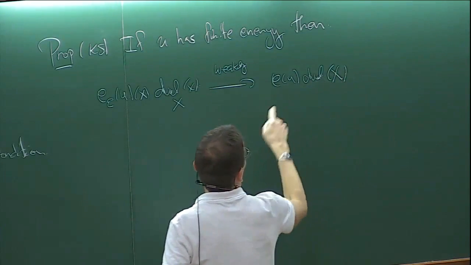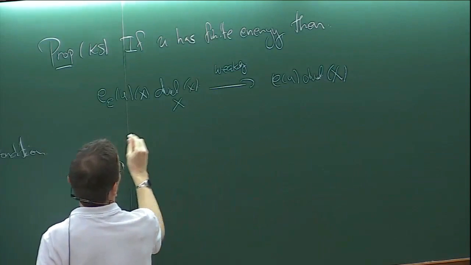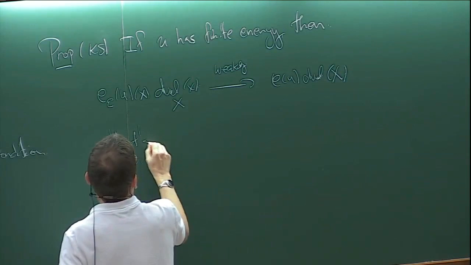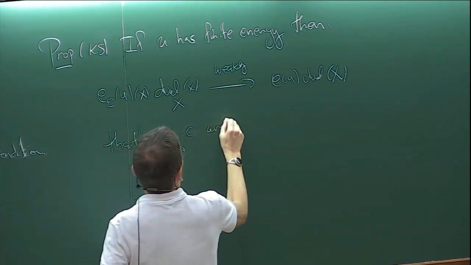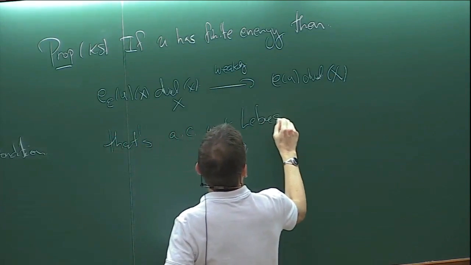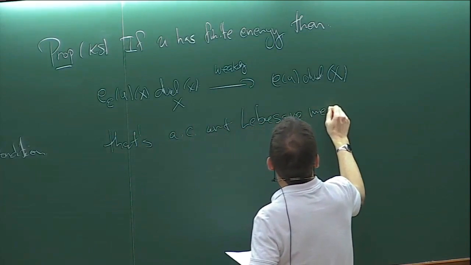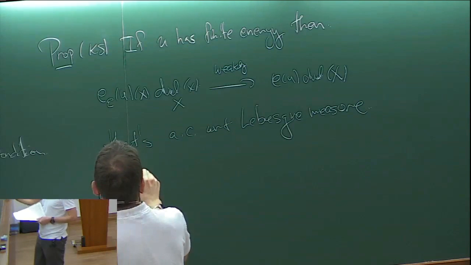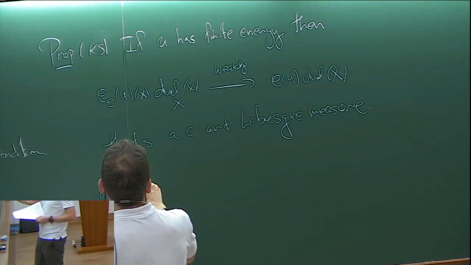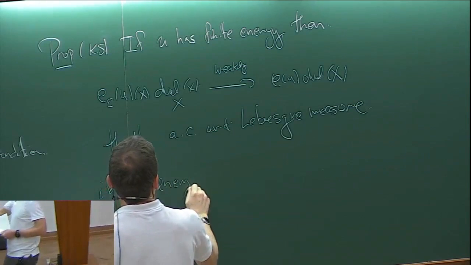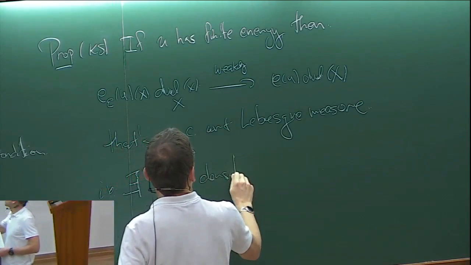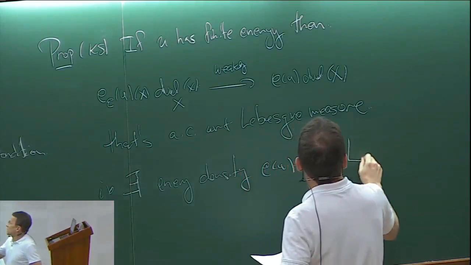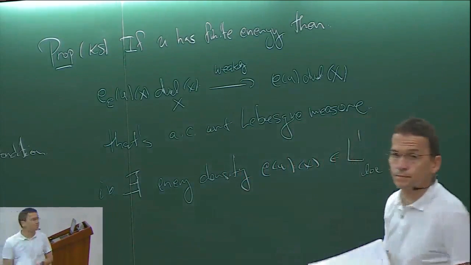And to write it like that is already implying the statement of the proposition, namely that this converges weakly to a measure that's absolutely continuous with respect to Lebesgue measure. That is, there's a well-defined energy density E(u), which is a local L1 function.